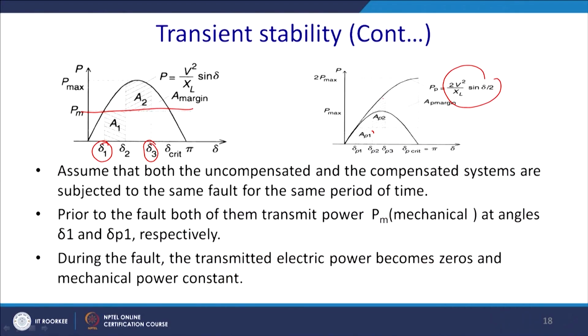Assume that both the uncompensated and the compensated systems are subjected to some kind of fault for some period of time. Prior to the fault, both of them were feeding the mechanical input Pm at angle delta 1. During the fault the transmitted power becomes 0 and the mechanical power remains constant, so you have an accelerating potential.